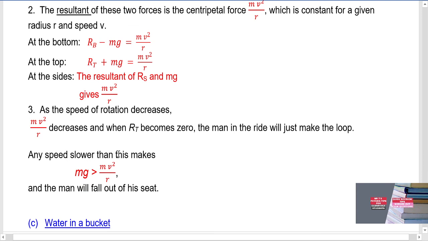Now, as the speed of rotation decreases, mv squared over r decreases, and when R becomes 0, the man in the ride will just make the loop. At any speed slower than this, that is, mg will be greater than mv squared over r, and the man falls out of his seat.